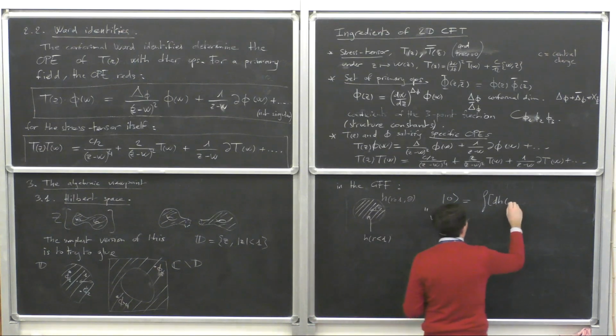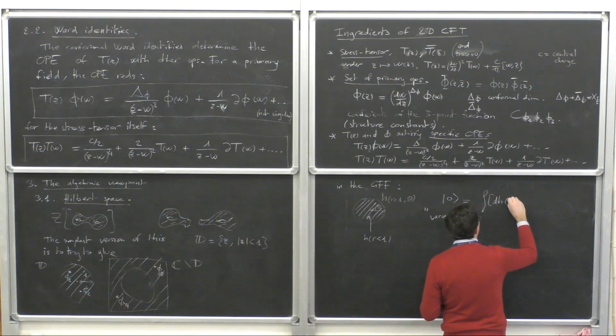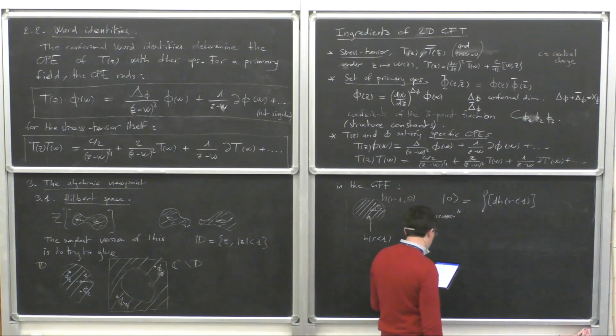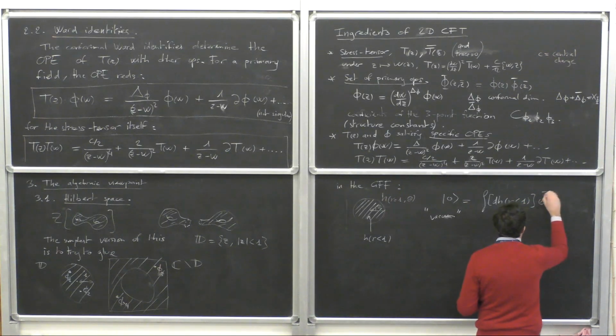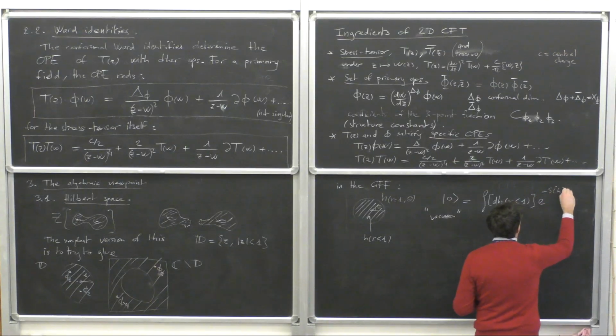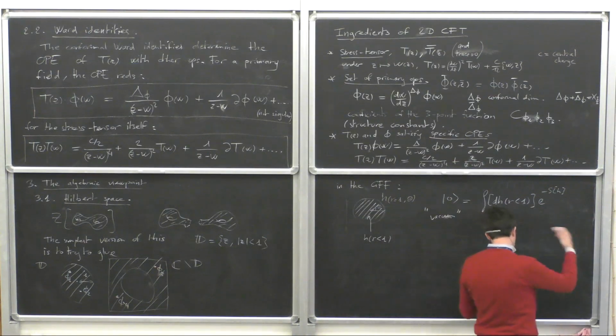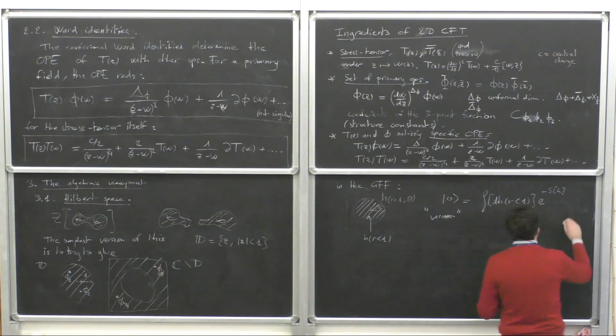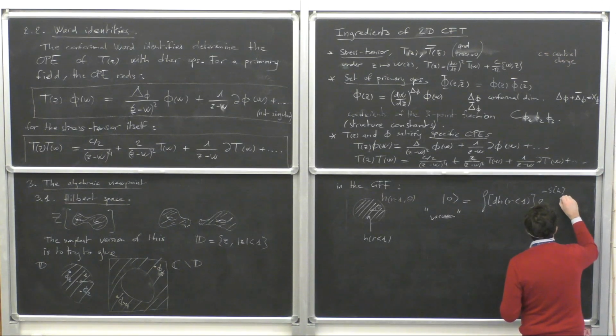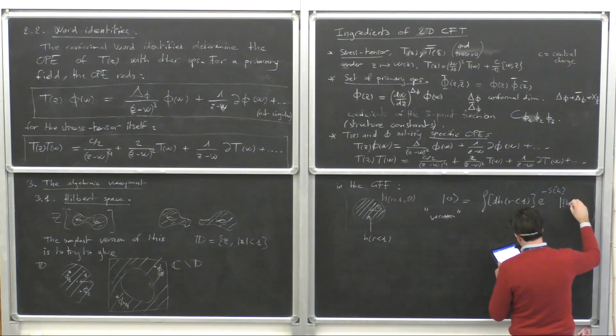So we integrate over all configurations of H inside the disk with the correct weight that is given by the exponential of our action inside the disk times states that correspond to these different configurations.